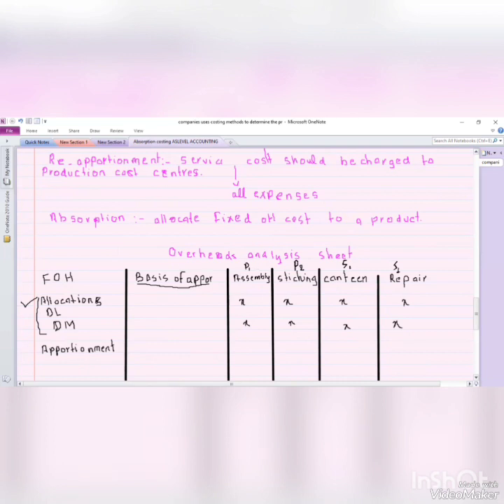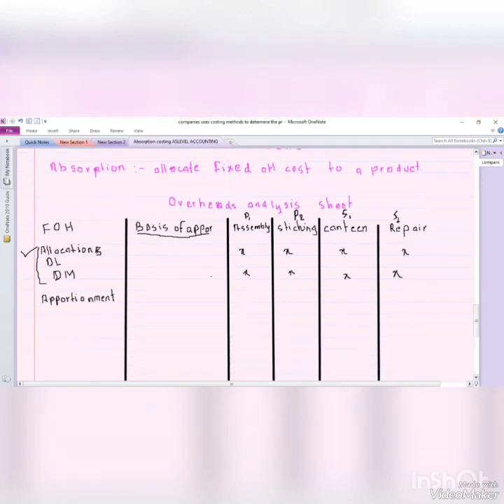Depreciation is related to these four, because some machinery, some loose tools, and some furniture are used by these four departments. Depreciation is our fixed overhead, so that is why we are doing this apportionment.